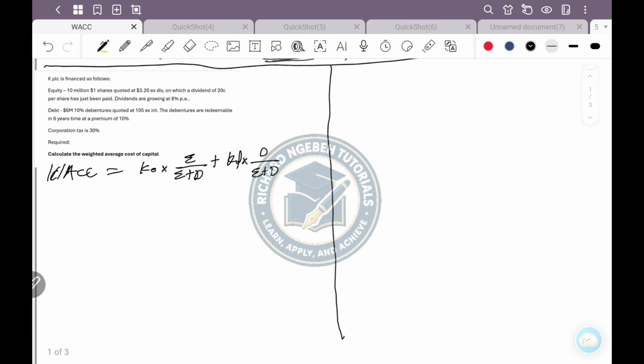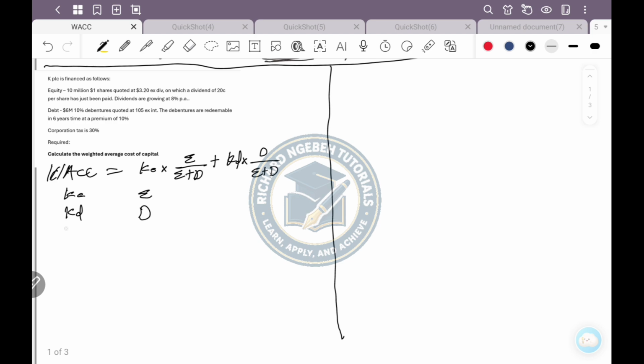This is what you need in solving your WACC. You need KE, and you need equity itself, you need KD, and you need debt itself. So let's proceed.